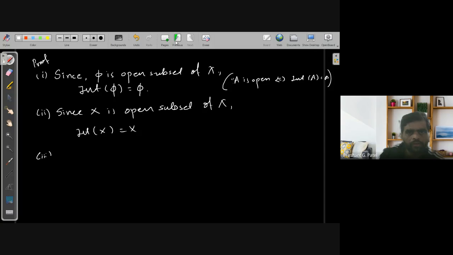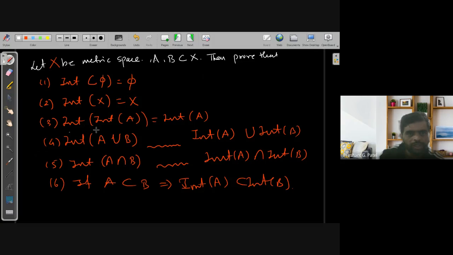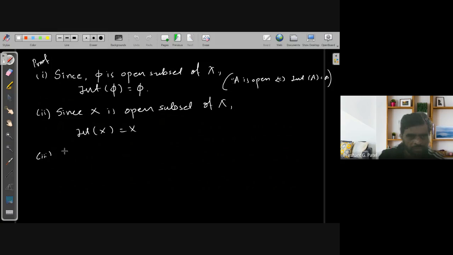The third one was the interior of interior of A is interior of A. So what will be the reason? Interior of A is always an open set, that we have proved in the previous lecture. The interior of A is an open set.